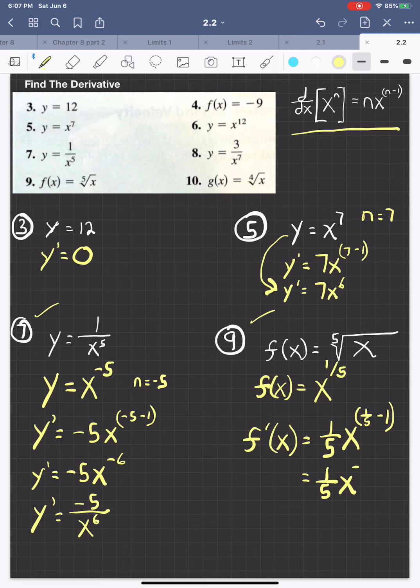So you have negative 4/5. Okay, again, to appease your professor, let's rewrite this without any negative exponents. So that's 1 over 5x to the power of 4/5. Okay.